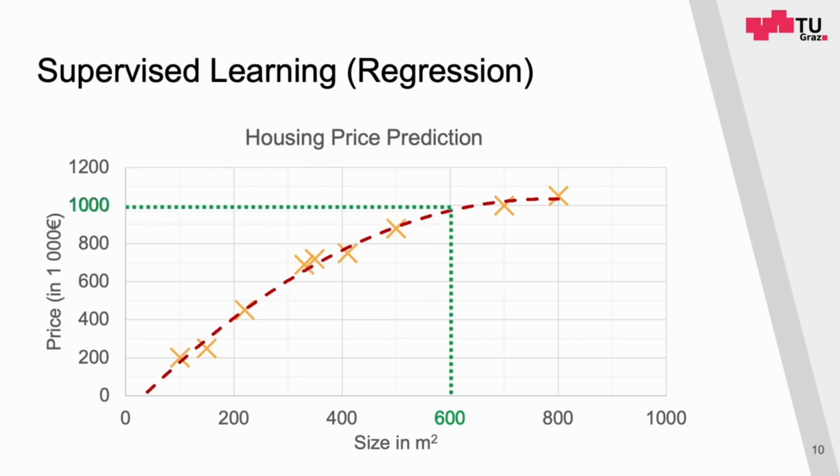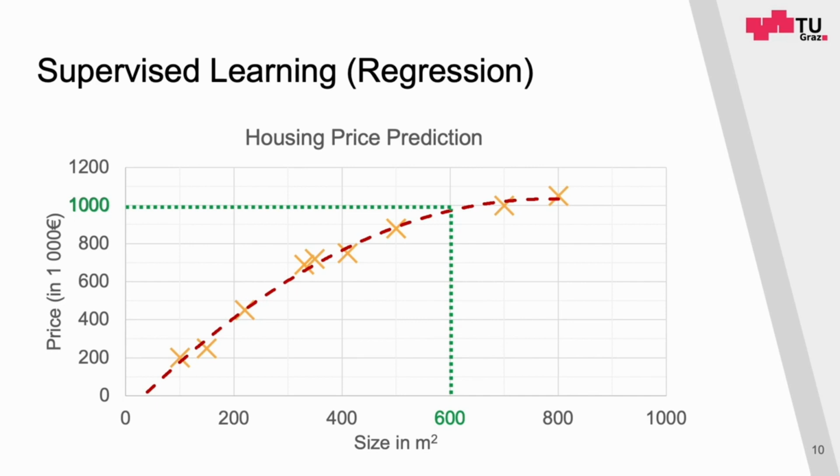And another possibility would be to fit a better model. So in the step before, we fitted a straight line, but here you can see we fitted a curve, and now you can see that it fits the data better. So we get a smaller error between our line and the actual data.